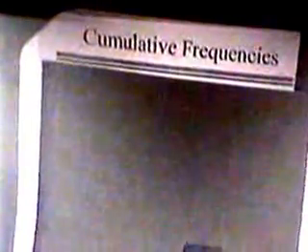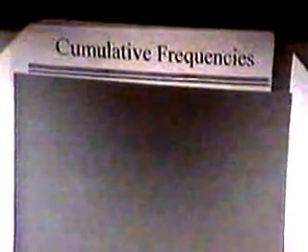Next part of a frequency distribution are called cumulative frequencies. We have 2 cumulative frequencies. We have a less than cumulative frequency.